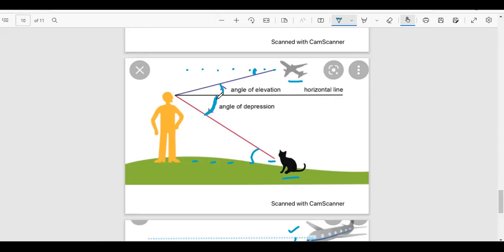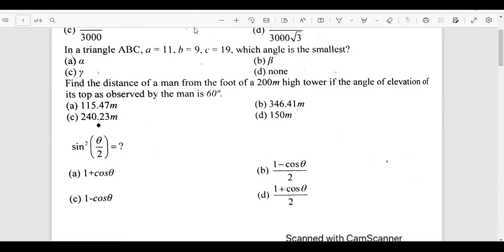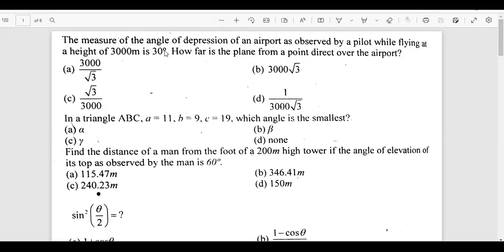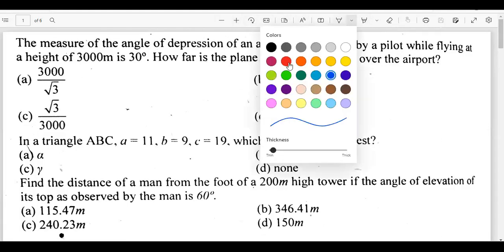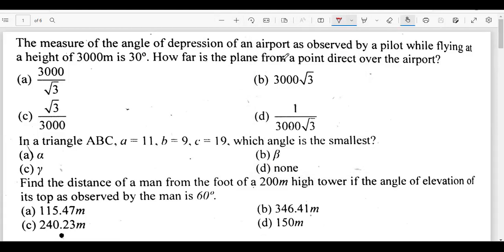So let's talk about the questions now. Okay, here we have some questions. It says, the measure of the angle of depression of an airport as observed by a pilot while flying at a height of 3000 meters is 30 degrees.